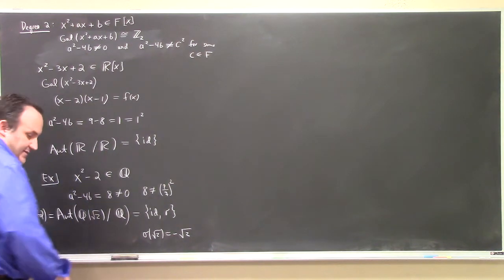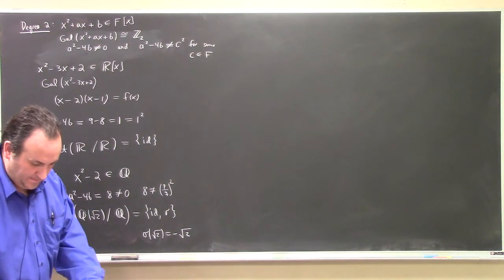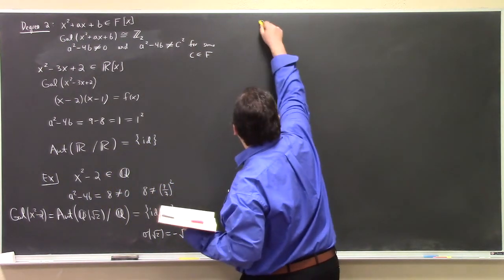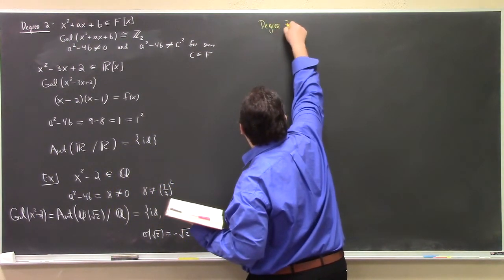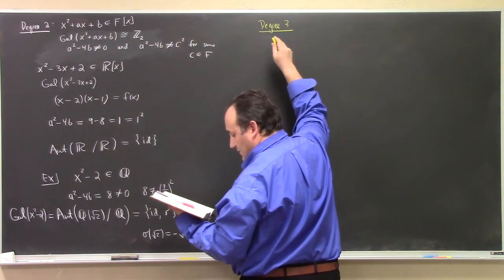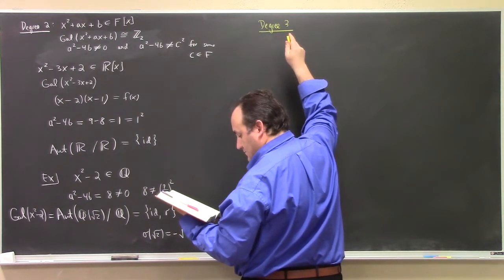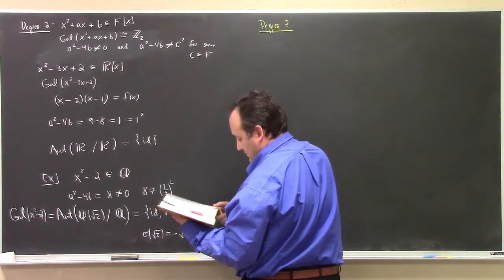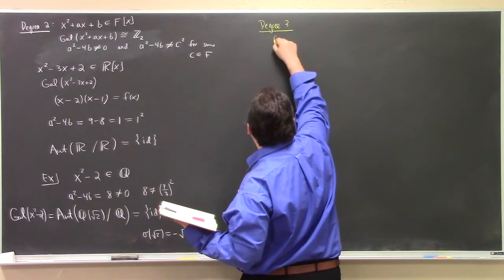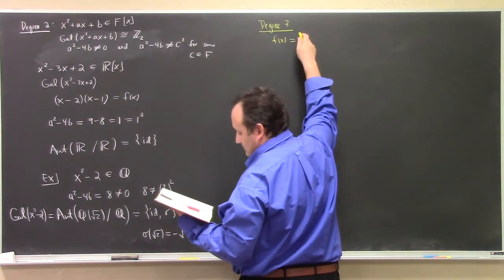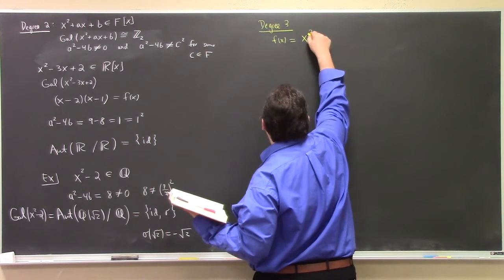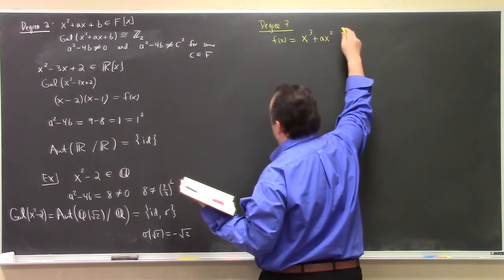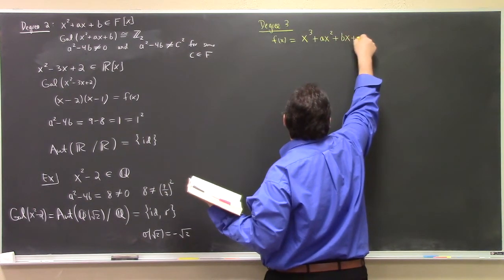Just to run down the possibilities for degree 3, here we're looking at f of x equals x cubed plus ax squared plus bx plus c.